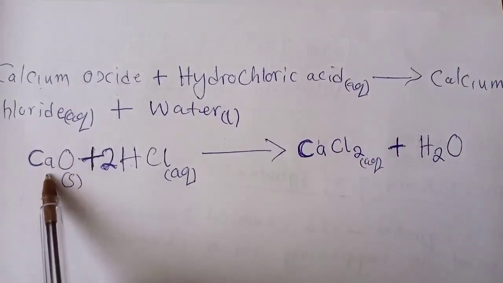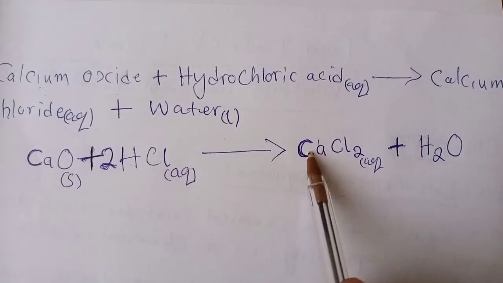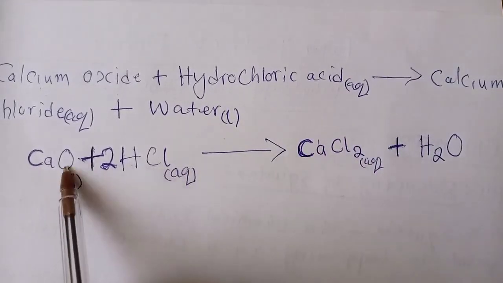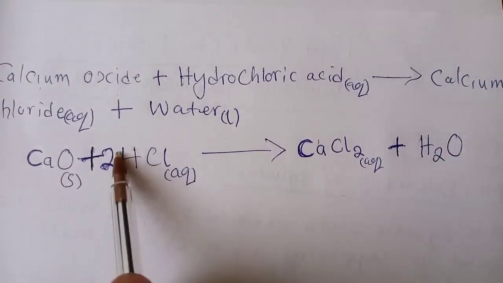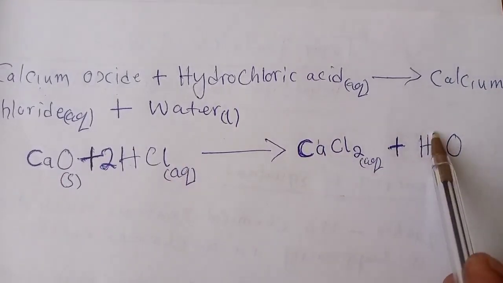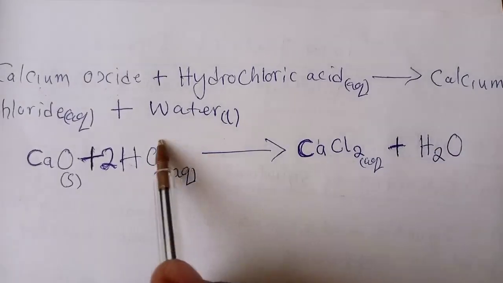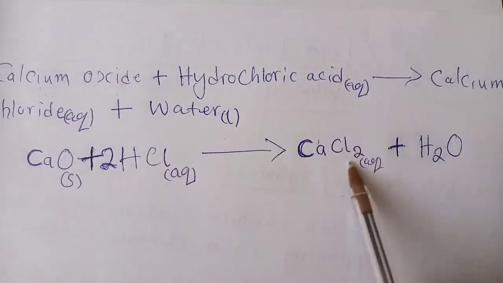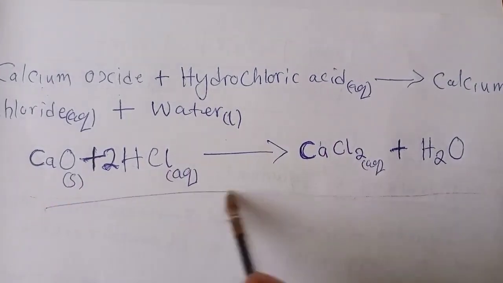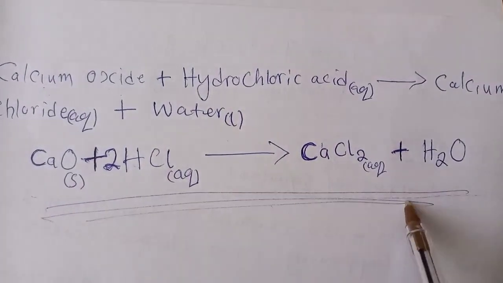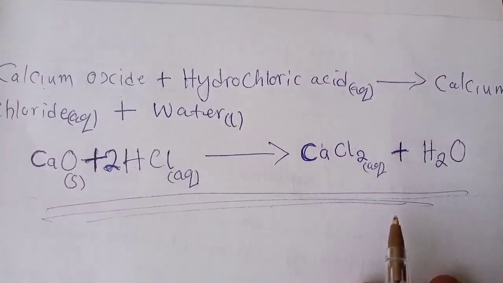So we have 1 calcium, 1 calcium, 1 oxygen, 1 oxygen, 2 hydrogen, 2 hydrogen, 2 chlorine, 2 chlorine, like that. So the equation is balanced.